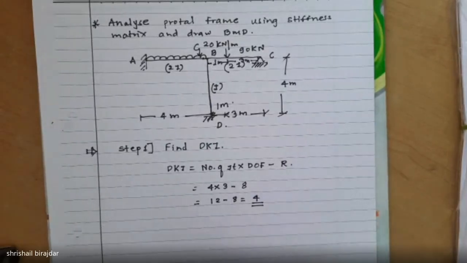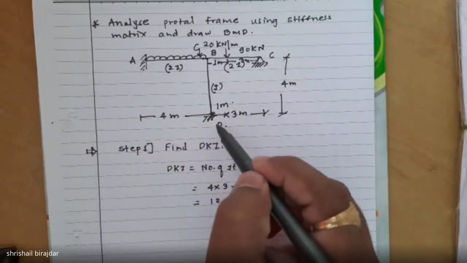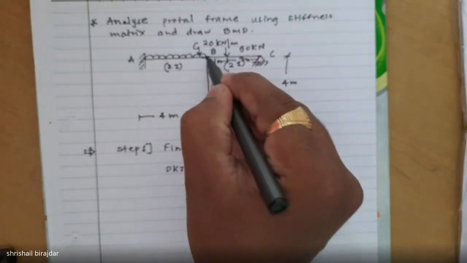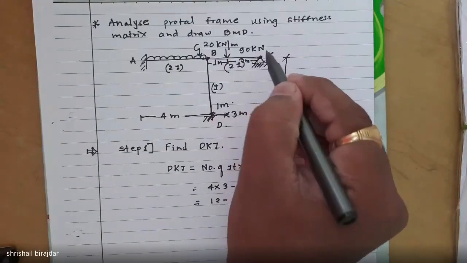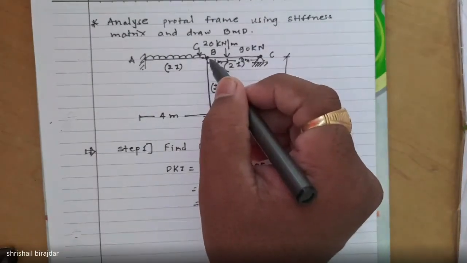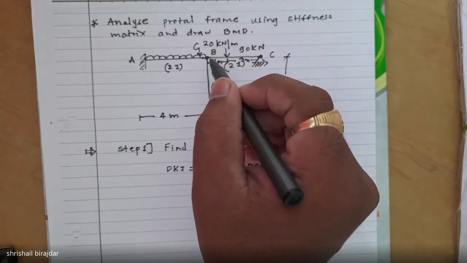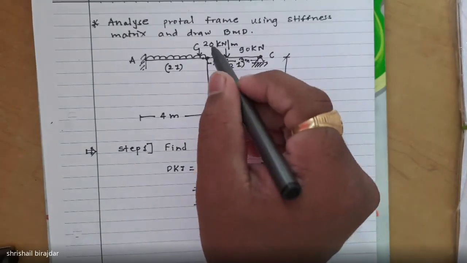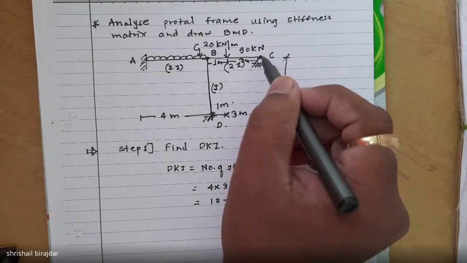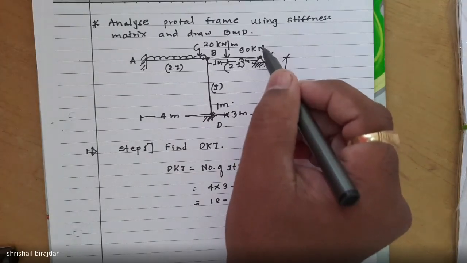How do we get the 4? You see here A and D are fixed, but B and C are only pin jointed, or we can call it a semi-rigid joint. So this particular joint can move in the rightward side or the upward side, in the horizontal direction or the vertical direction.